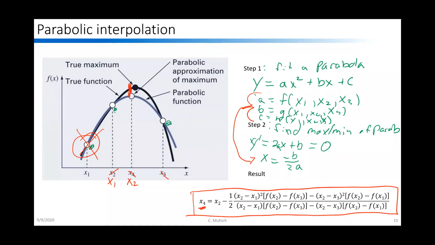Okay. And so then we can fit the parabola again, find the max, so either x1 or x3 should be discarded, and refine, as we're hopefully getting used to by now.